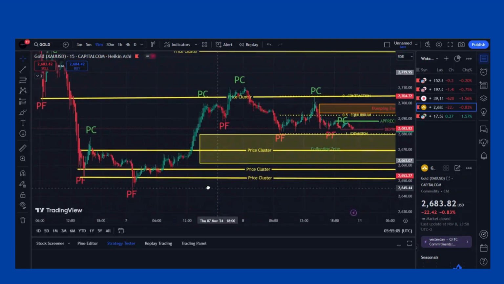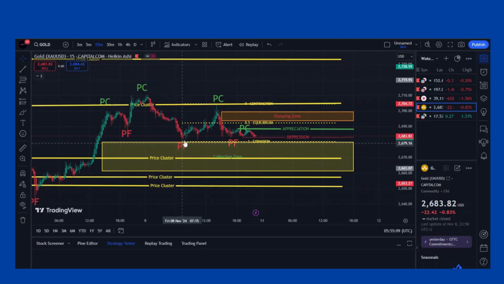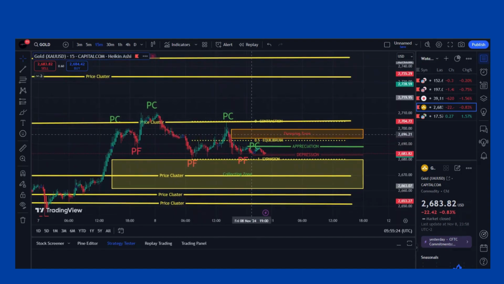As you can see, we have indicated our price clutter, and thereafter we look at the two highest points of the price floors and price ceilings, and then we place our construction level, construction zone, equilibrium level, expansion zone, and expansion level. All right, thereafter we denote our dumping zone and collecting zone.